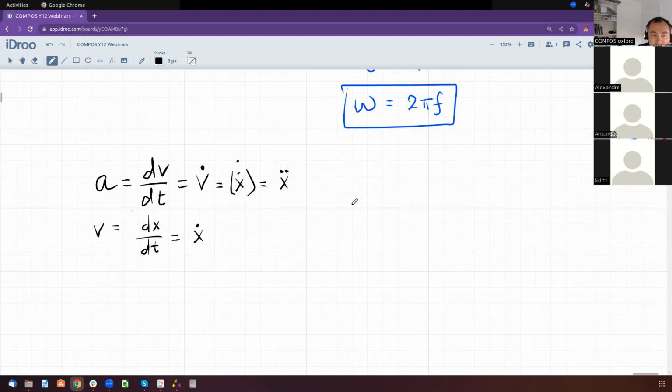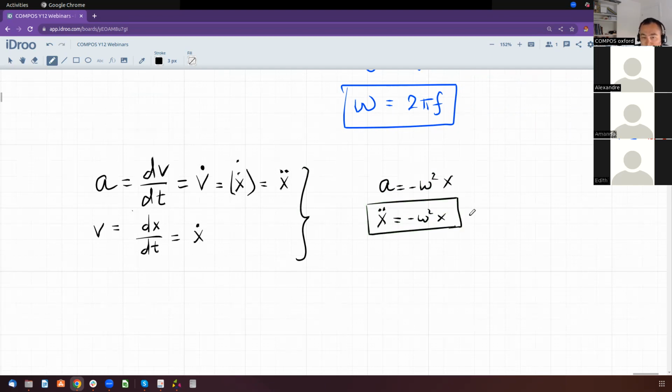So we can rewrite this equation. The acceleration is minus omega squared x. We can rewrite it as x double dot equals minus omega squared x. This is the equation of simple harmonic motion.